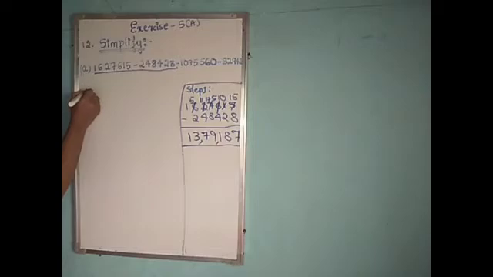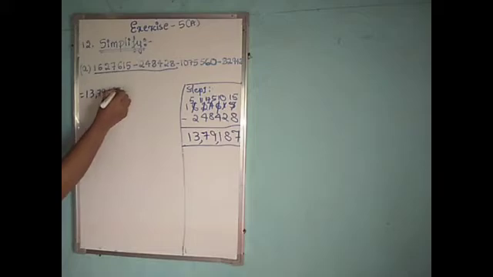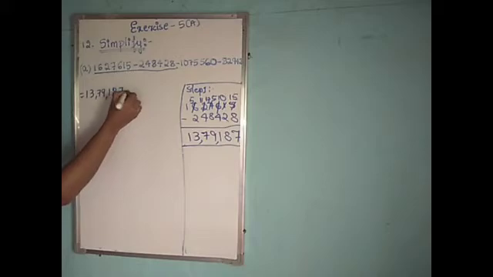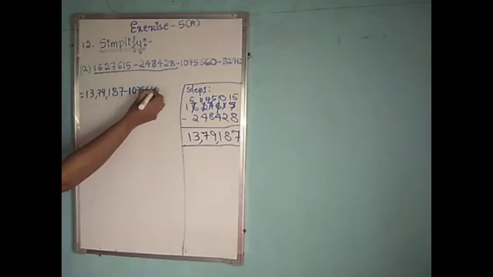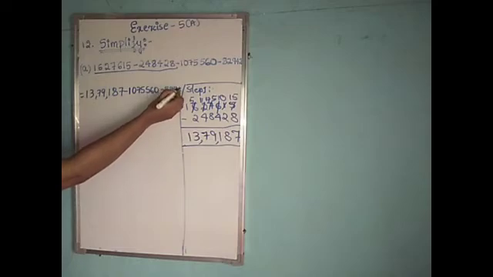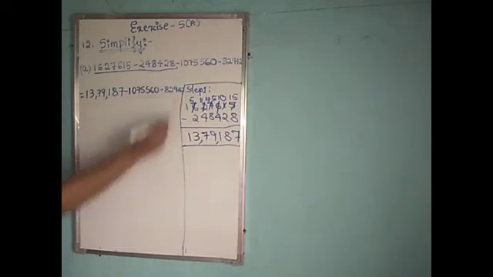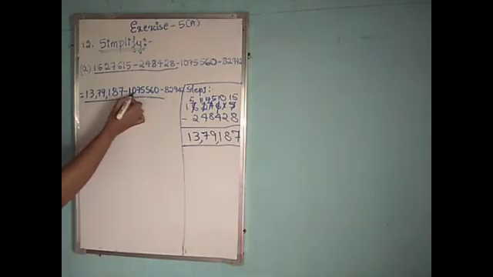Write this answer here, 13,79,187. And write the remaining numbers as they are, minus 10,75,560 minus 82,942. In the second step, we have to subtract 10,75,560 from 13,79,187.